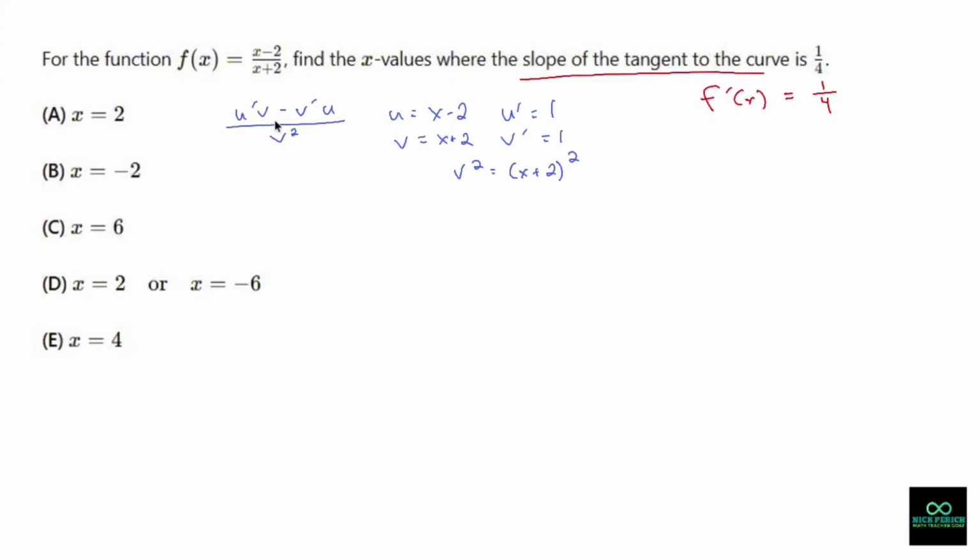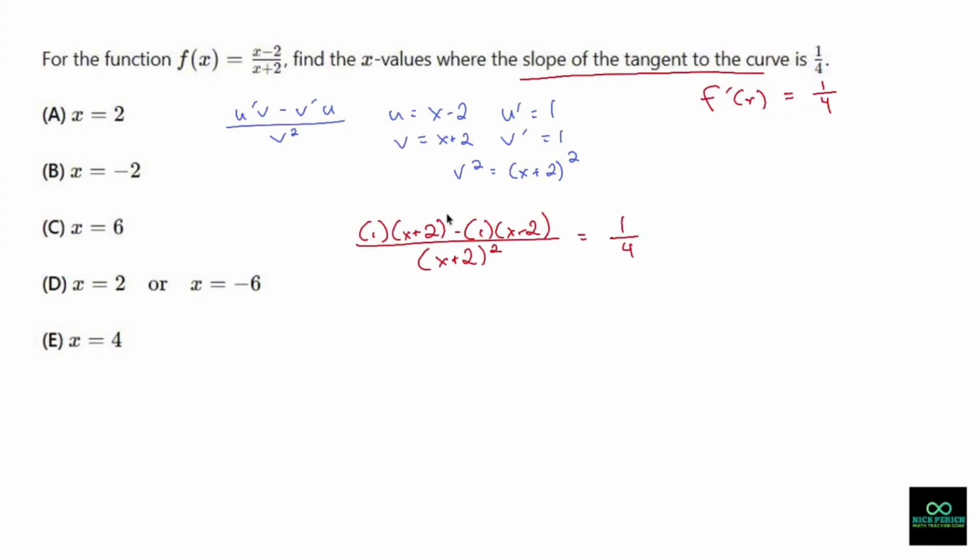All right, so let's put it all together. f'(x) is going to be u prime v, so 1 times (x plus 2), minus v prime u, so 1 times (x minus 2), over (x plus 2) squared, and that's going to equal 1/4.